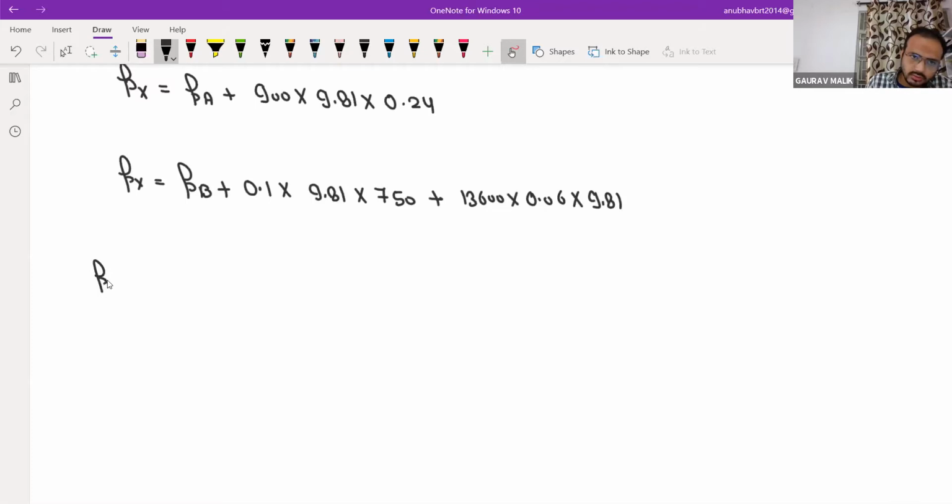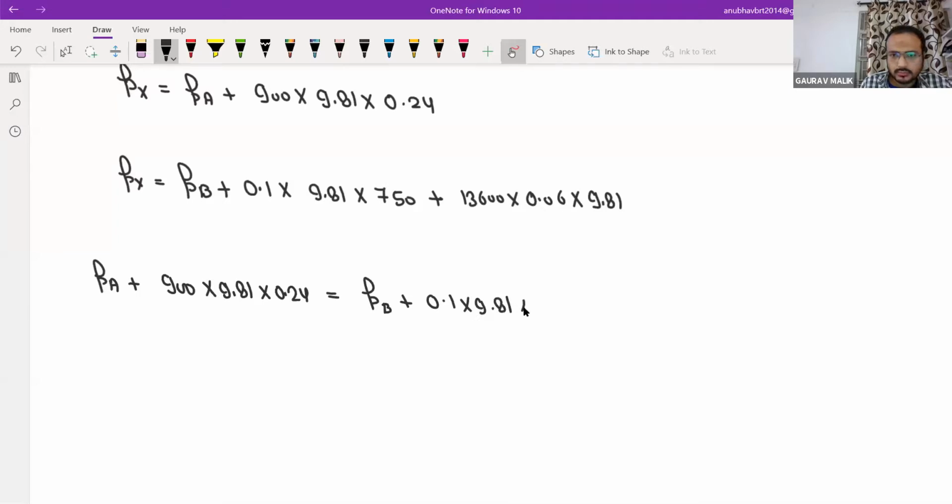Equate both: PA plus 900 into 9.81 into 0.24 is equal to PB plus 0.1 into 9.81 into 750 plus 13,600 into 0.06 into 9.81.